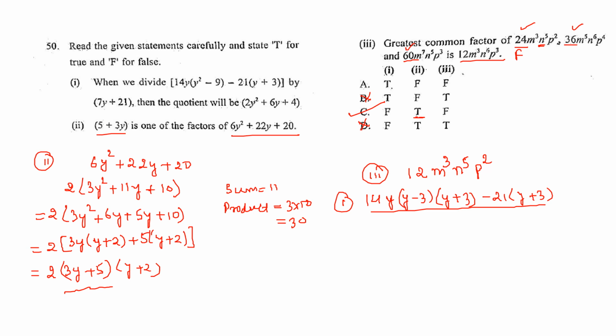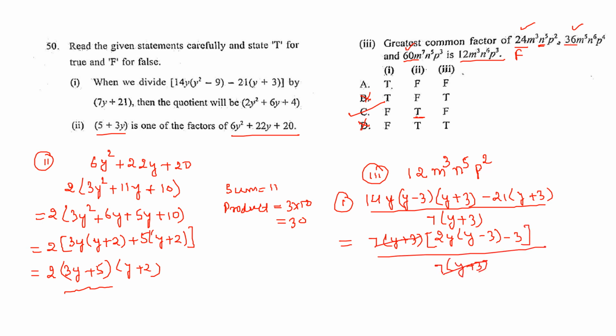Now in 7y plus 21, I can take 7 common. It will become y plus 3. Now in the numerator part, I can take common 7 and y plus 3. So I will be left with 2y, y minus 3, minus 3, divided by 7 y plus 3, and you can cancel it out.